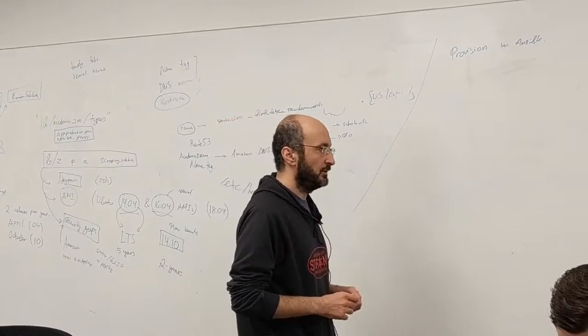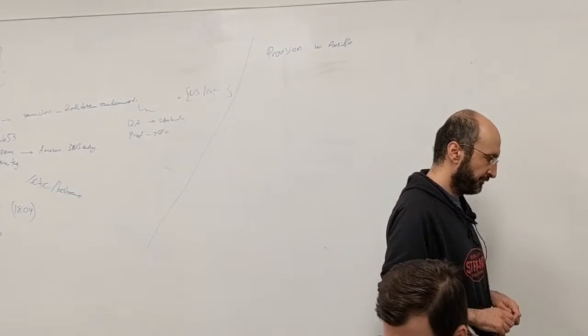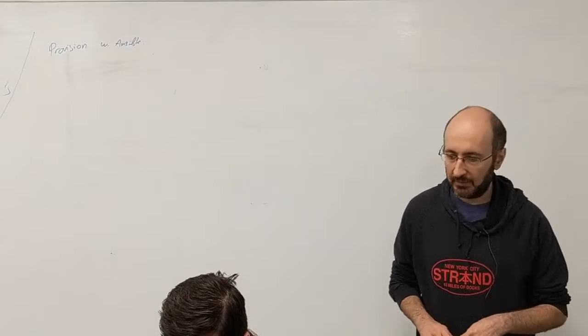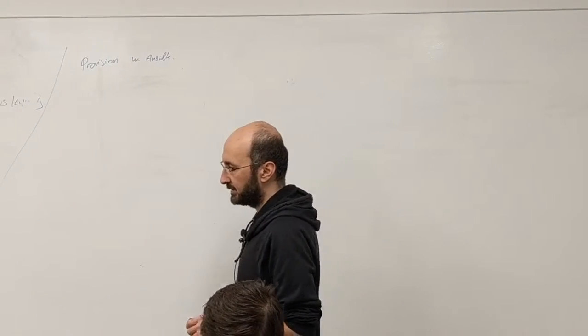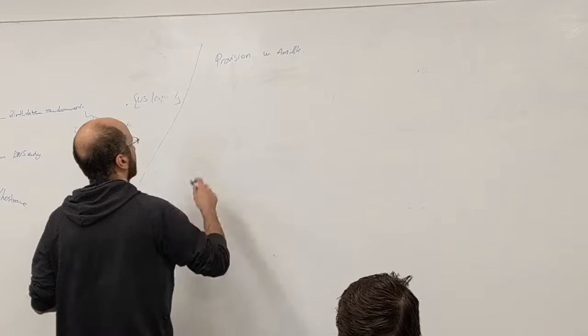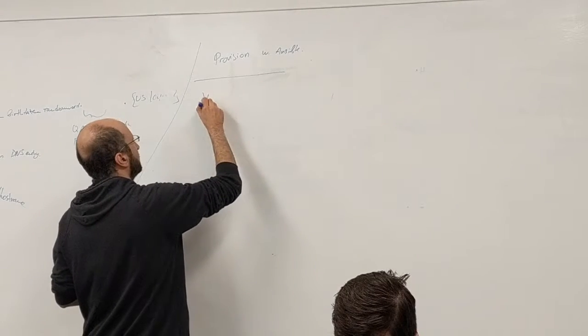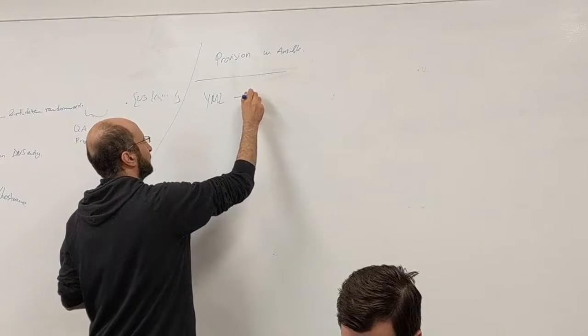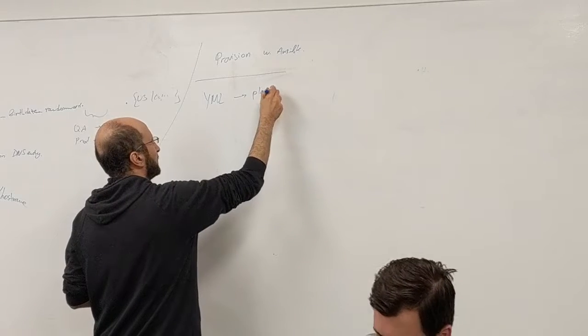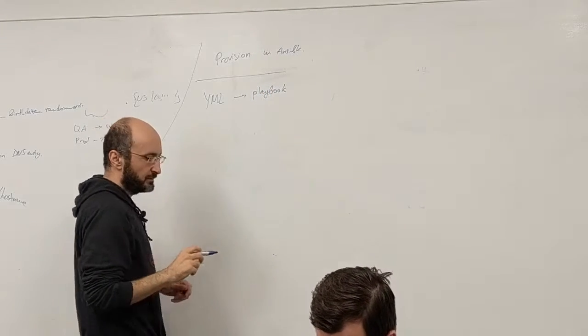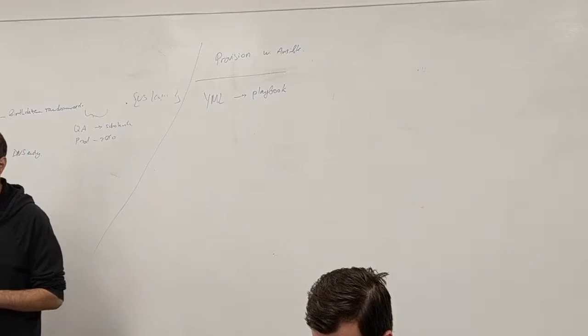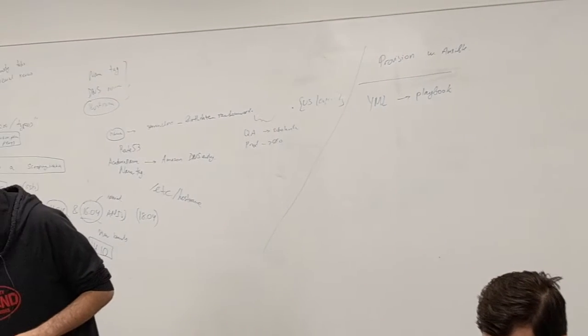What is so special about Ansible? Well, one, it can run across. So how does it work? There's a YAML file called a playbook, or a series of YAML files that can be together looked at as a playbook.